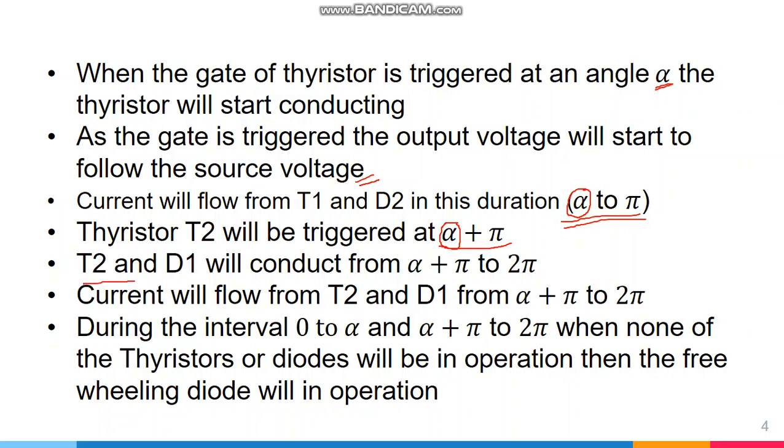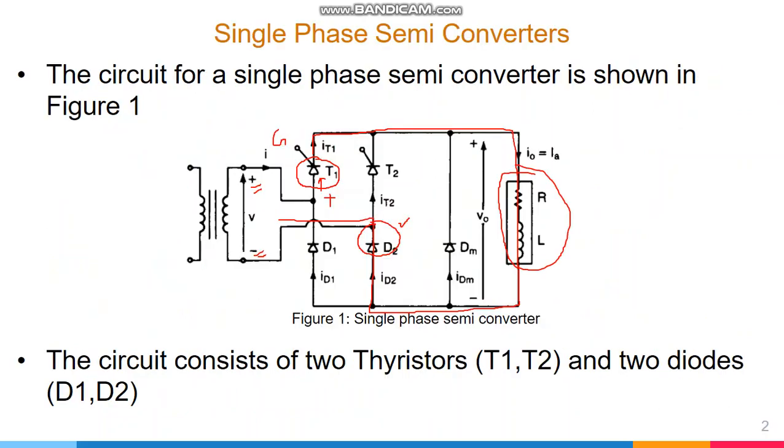T2 and D1 will conduct from alpha plus pi to 2 pi. So during negative polarity, T2 and D1 will operate, and via this T2 and D1 my load will be connected to the source, and the current will flow from this RL load.